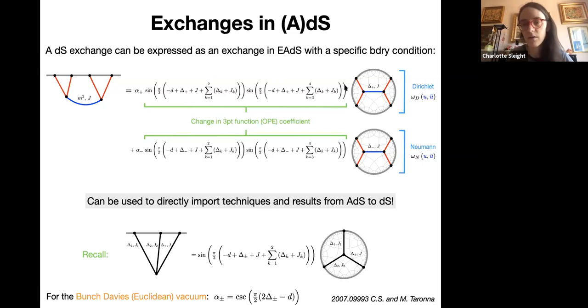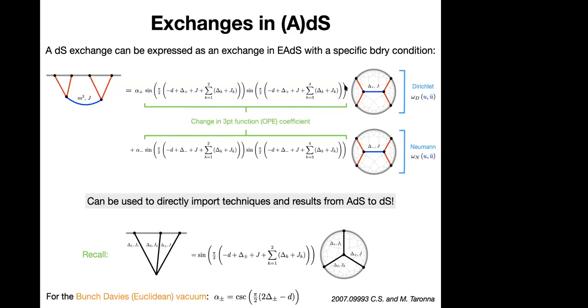Yeah, so I was just asking, does this statement give something about how de Sitter expressions can be written in terms of some Euclidean conformal field theory correlators?